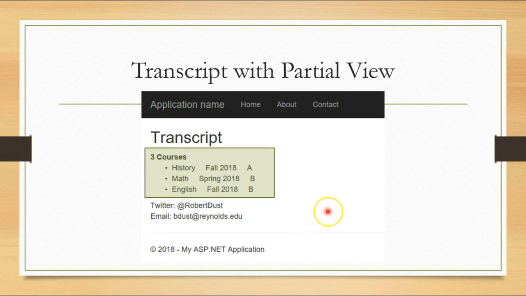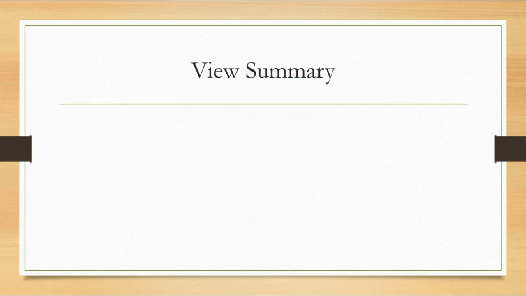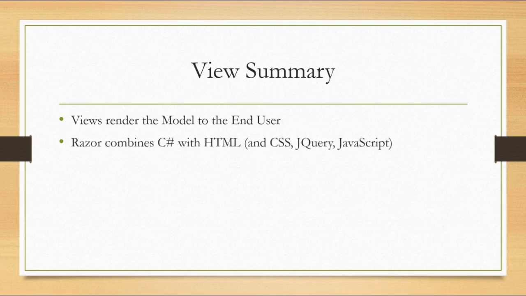All right, so that concludes this lesson on views. We covered a lot. We know that views render the model to the end user. It converts the C# code into HTML. Using Razor, we can combine C# with HTML. Later on, we'll also add CSS, jQuery, and other things.